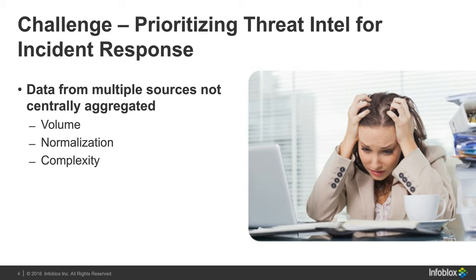Normalization is also a concern. The less good news is that the variety of sources rarely use precisely the same layout, format, and delivery mechanism. Each has their own schema and nomenclature. They require some work to normalize into a common operating vocabulary and access medium. We need to consider complexity as well. The taxonomy used by data providers, the data features available with each record, and the nuances of the content will affect your consumption of the information.